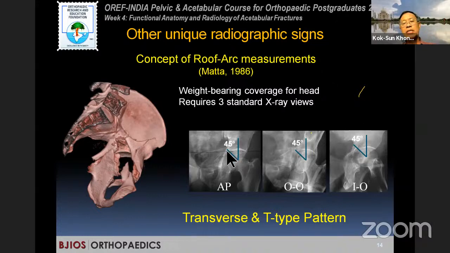If it exceeds 45 degrees, you will have a low transverse fracture. If a high transverse fracture is less than 45 degrees, then there will be a high risk of displacement without surgery. So if it's a very low transverse fracture, some may be treated without secondary osteoarthritis. So it is a consideration for non-operative treatment.